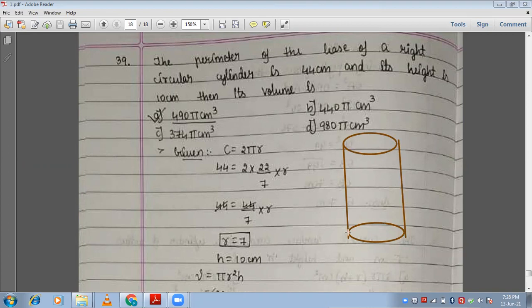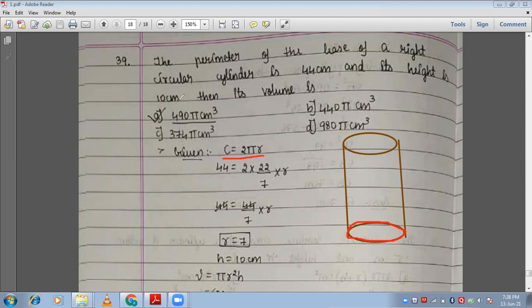This base is in the shape of a circle. So what does perimeter mean? Circumference of the circle. The circumference of the circle is 2 pi r. The given circumference is 44, which is equal to 2 into the value of pi, 22 by 7, into r. You will get radius is 7 and the given height is 10 centimeter.